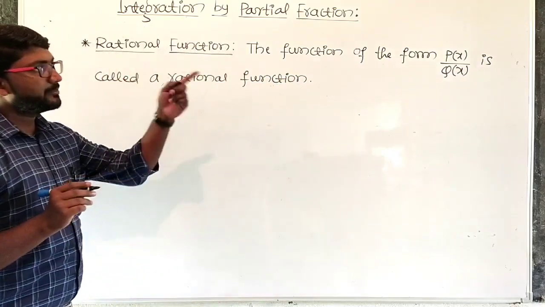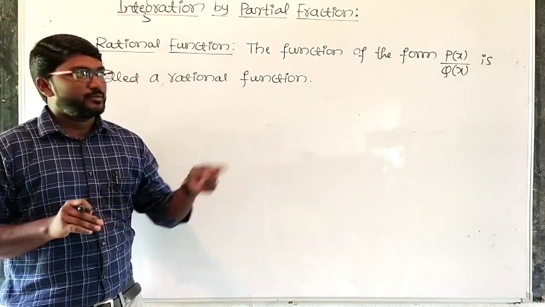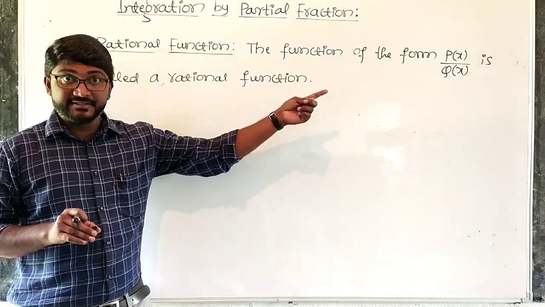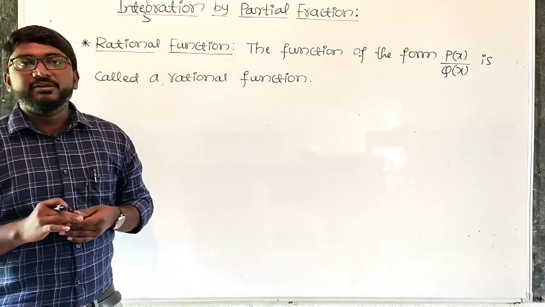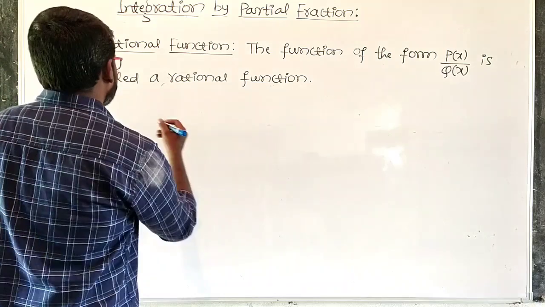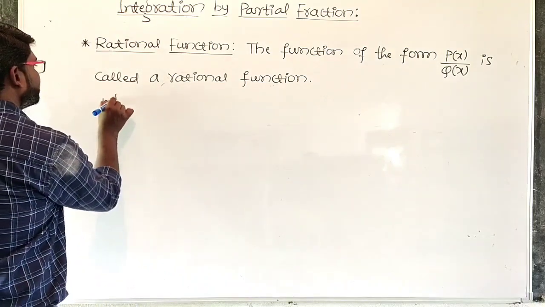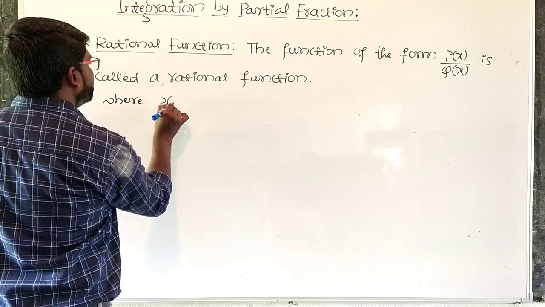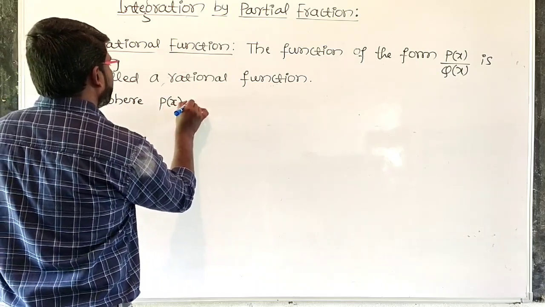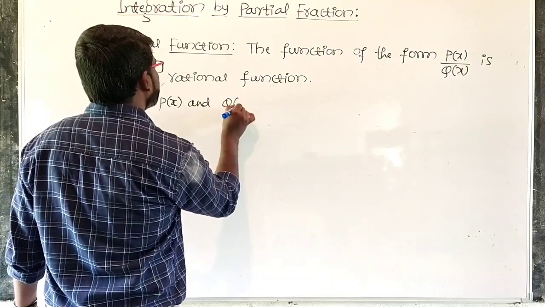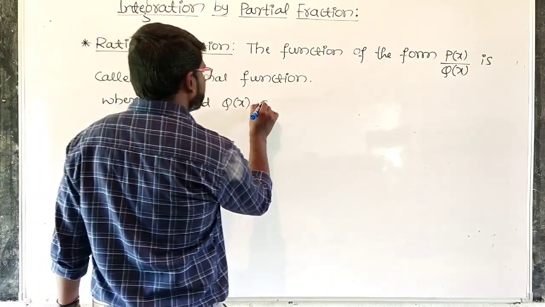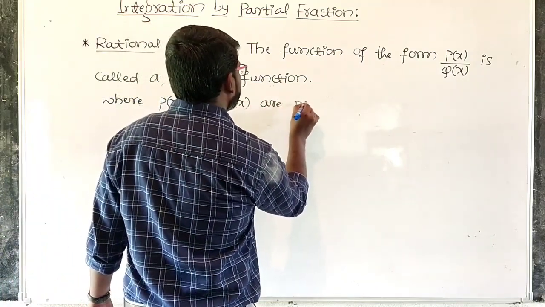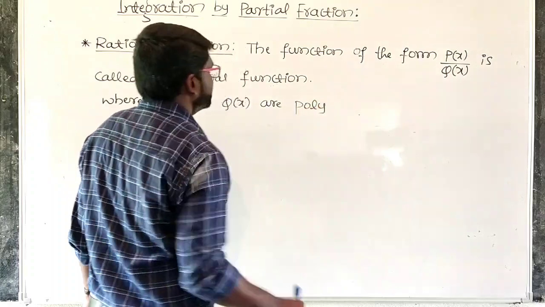Here, what are p of x and q of x? Both are polynomials in x, and q of x should not be equal to 0.